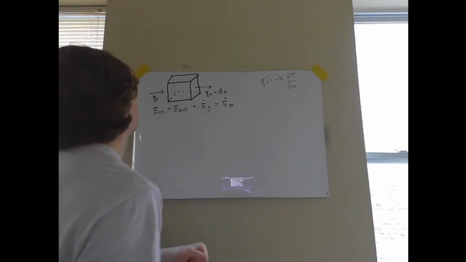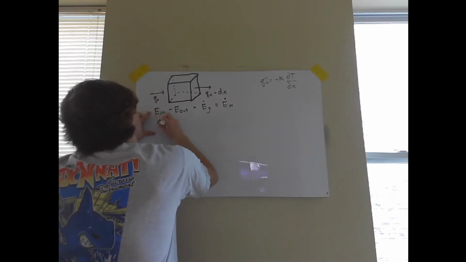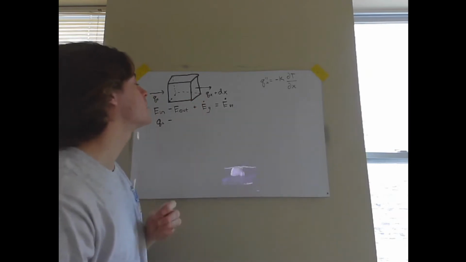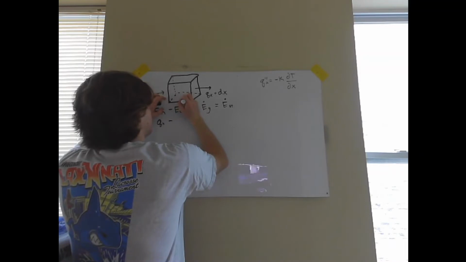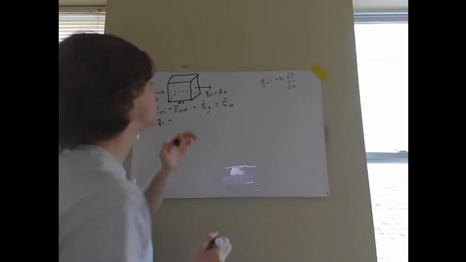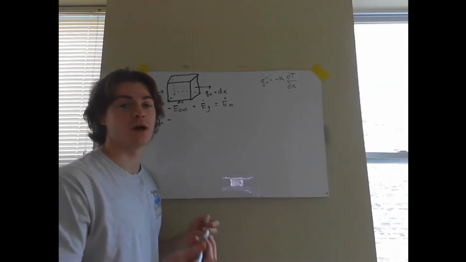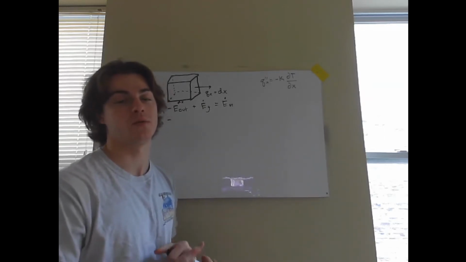So for the energy going in, we just have Qx, which is our heat flow. And then for the energy going out, we have Qx plus dx. Dx is just the distance along the bottom of the cube in the x direction. For this derivation, we'll just be focusing on the x direction, and then towards the end of the video, I'll go ahead and incorporate the y and z directions.